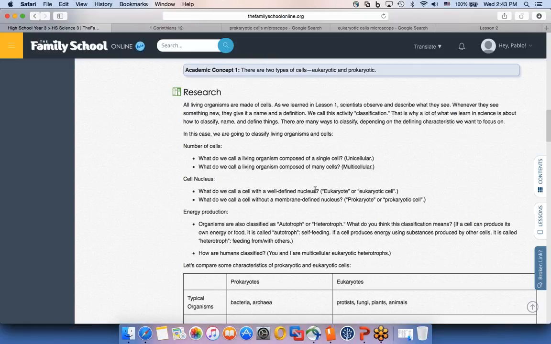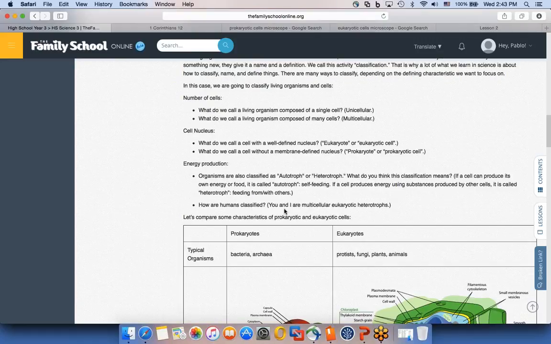If it has a well-defined nucleus, then it's a eukaryote. If it doesn't have a well-defined nucleus, it's a prokaryote. And then we say the way of energy production. According to this classification, we can classify them as autotroph or heterotroph.